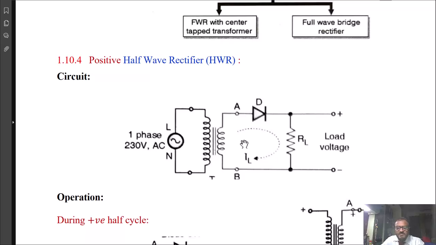Step down transformers are available in the market with primary and secondary voltage ratings, for example 230 to 12 volt, or 230 to 15 volt RMS.